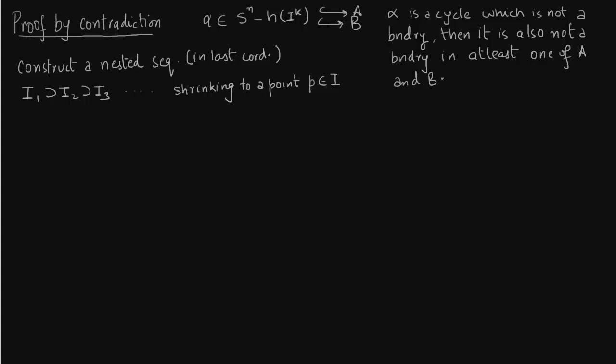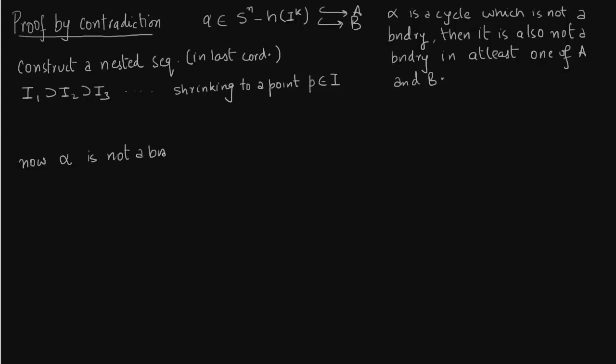So now we have already assumed that alpha is not a boundary. So alpha is not a boundary in Sn minus Hk minus 1 times Im for any m. So this is our assumption, yeah, alpha is not a boundary.